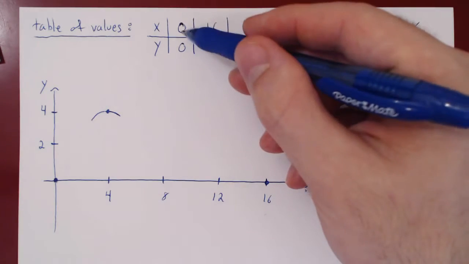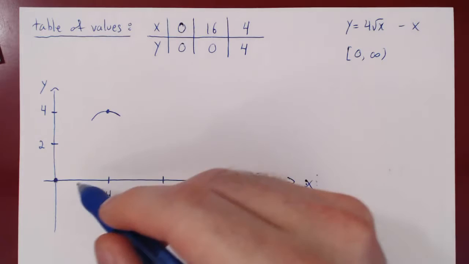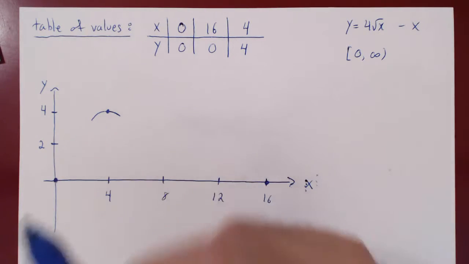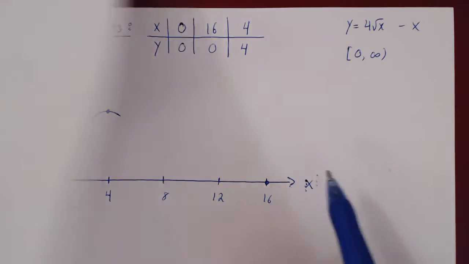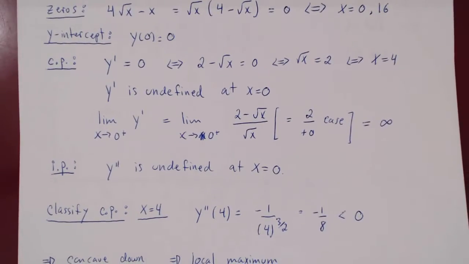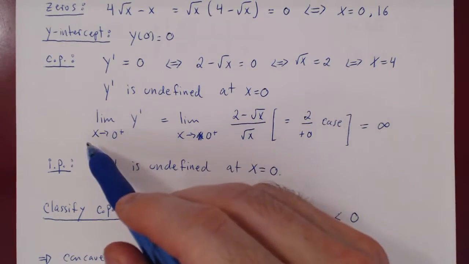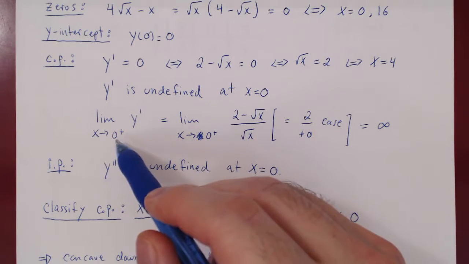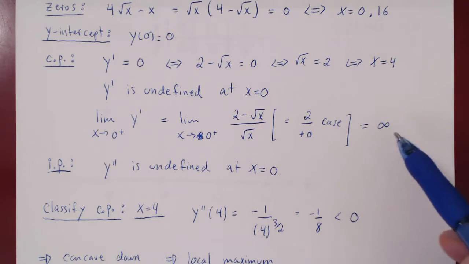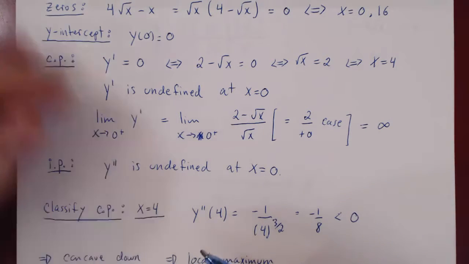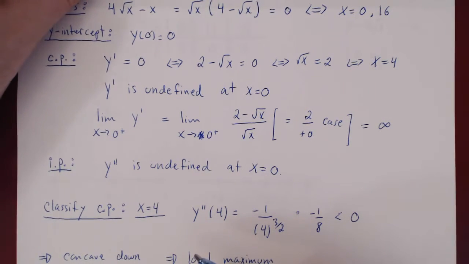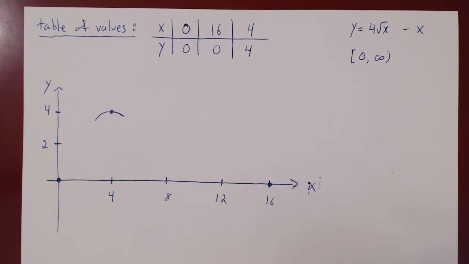So at x equals 4, we have a local maximum. The point 0, 0, if you remember, was obviously the 0 of the function, the y-intercept, but more importantly, it was a point where the derivative blew up. As we approach 0 from the right, the derivative approaches infinity, therefore the tangent line becomes steeper and steeper, so the curve will be getting nearly vertical as we approach 0.